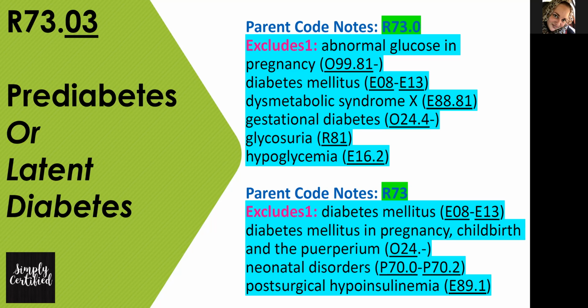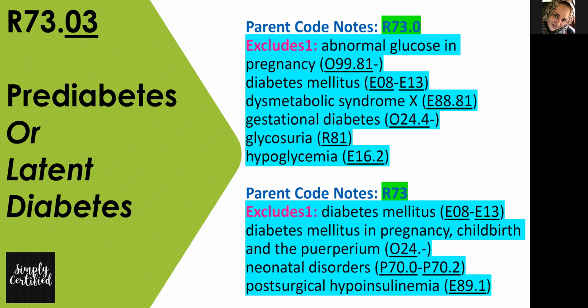So anything that starts with R73.0, no matter how many characters or what character is behind that 0, there is an excludes note. You're not going to code it with abnormal glucose in pregnancy. You can't really have both. If you're pre-diabetic, you have abnormal blood glucose, right? And of course, like I said, you can't have it with other types of diabetes. You can't be both. It's a spectrum.